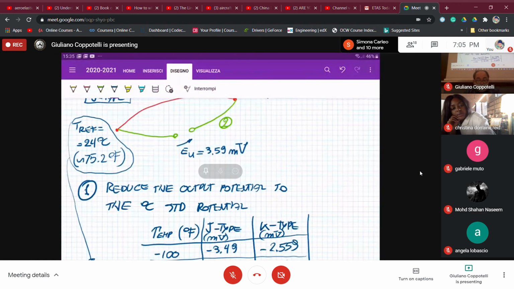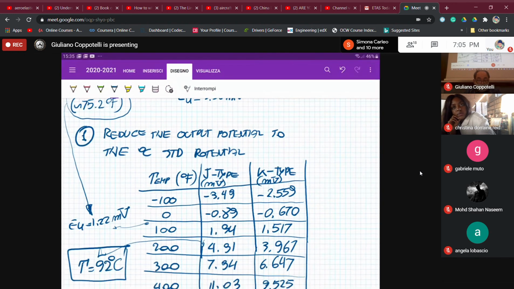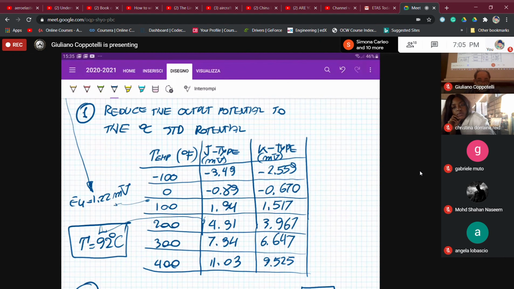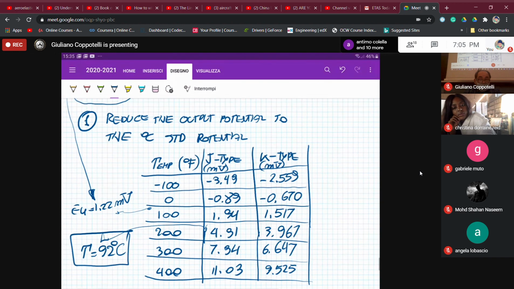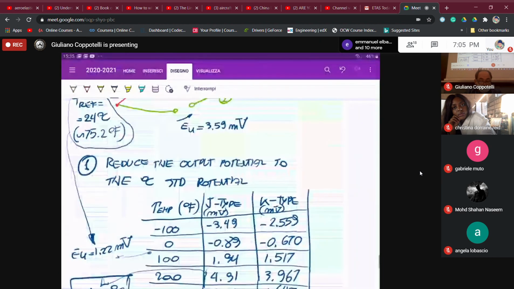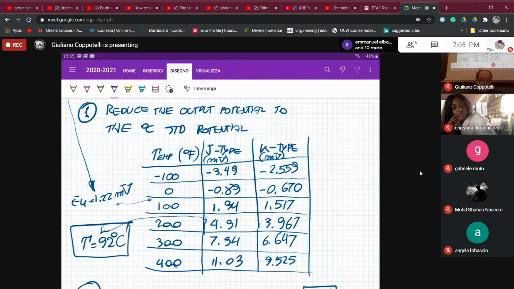For that kind of thermocouple, I have to look at the J-type column and see what is the output tension corresponding to 24 degrees, that is, in our analysis, about 75.2 Fahrenheit. So the input on the table will be the temperature, the output of the table will be the standard potential. We can see that that standard potential is equal to 1.22.